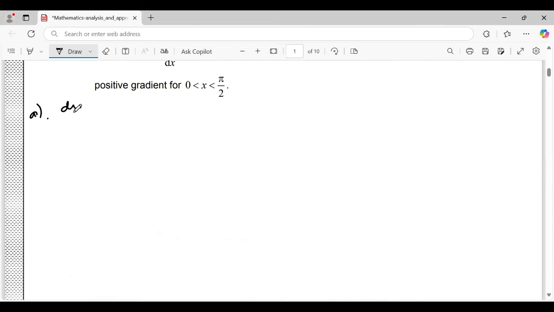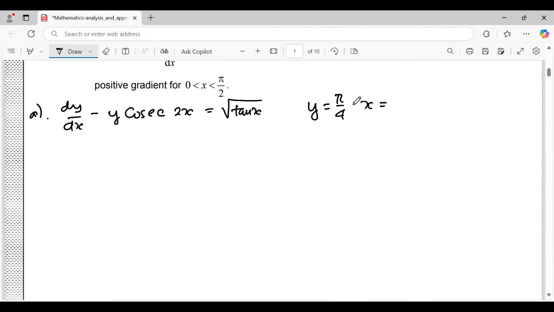So dy/dx minus y cosecant x equals square root tangent x, with y equals pi over 4 at x equals pi over 4.